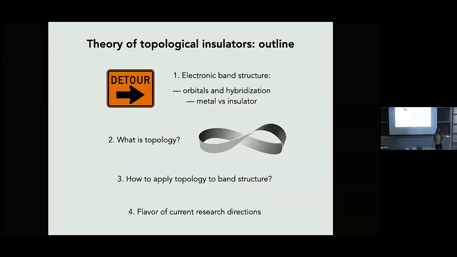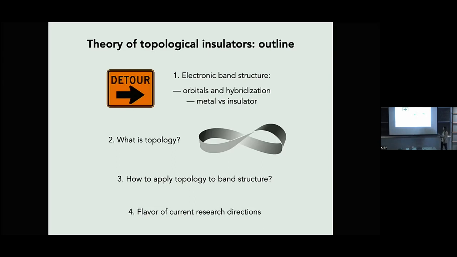So now in the second half of the talk, or last third, I wanted to go into a little bit more of the theory behind these materials. I'm going to try to explain what we call a band structure. A band structure tells us about the energy levels of electrons inside of a crystal.